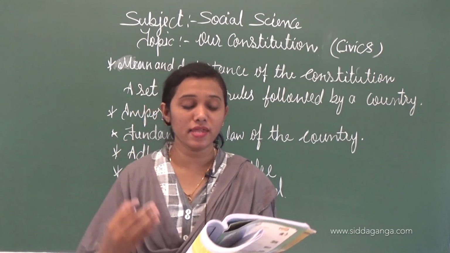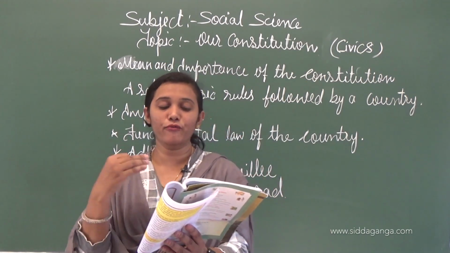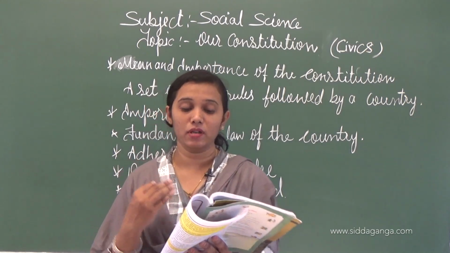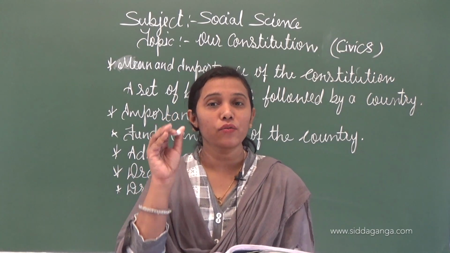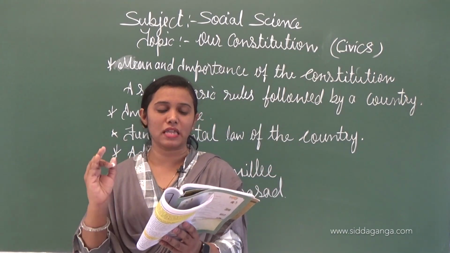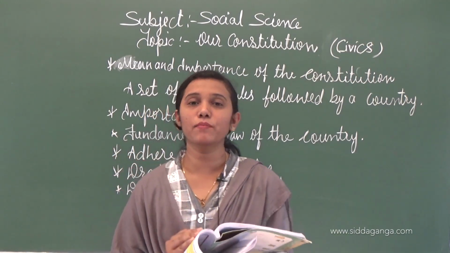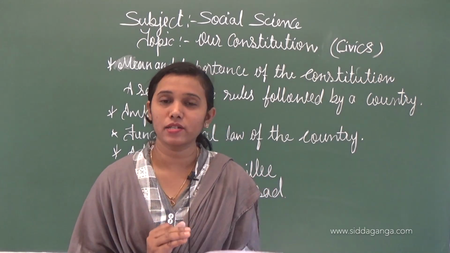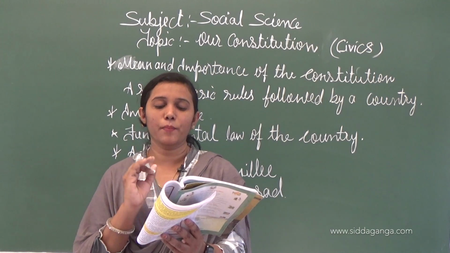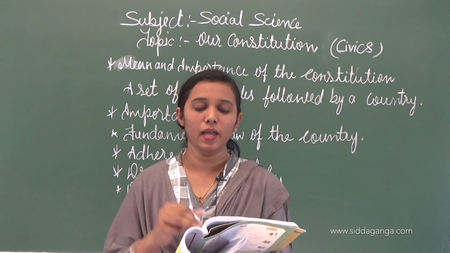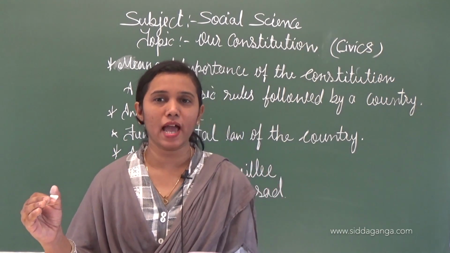Understood? When the assembly met for the first time, who was the president of this assembly? Dr. Rajendra Prasad was the president when the assembly met for the first time.